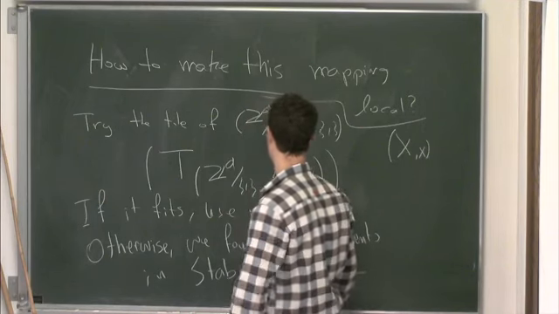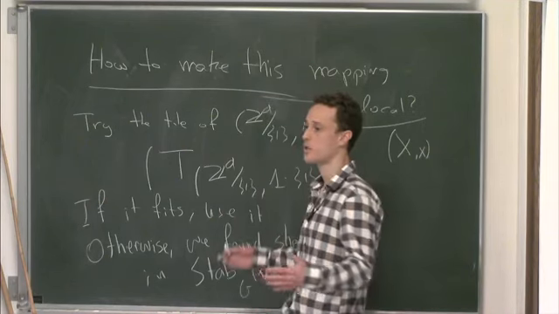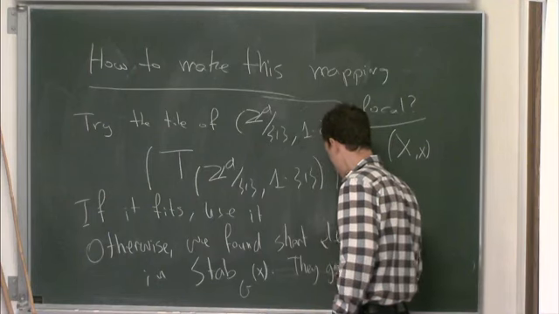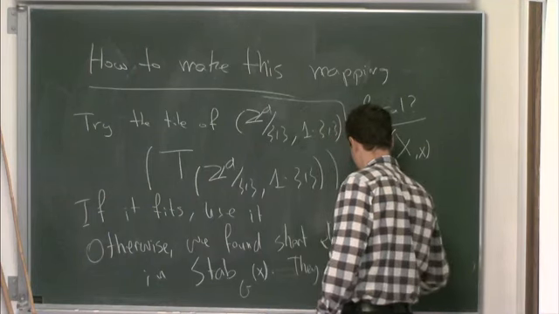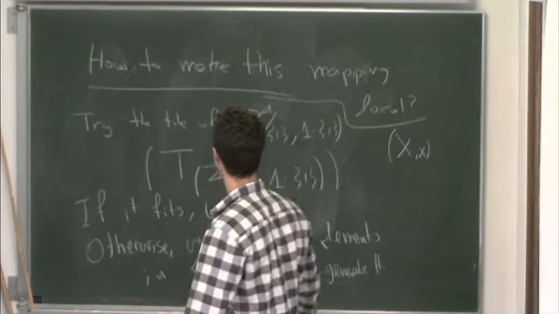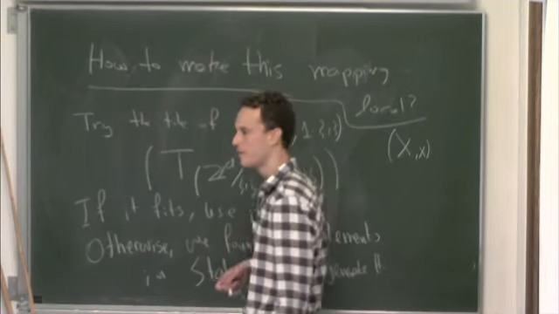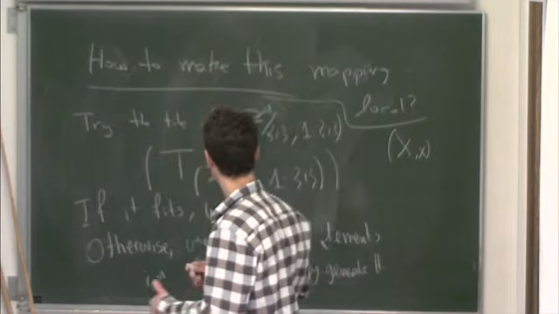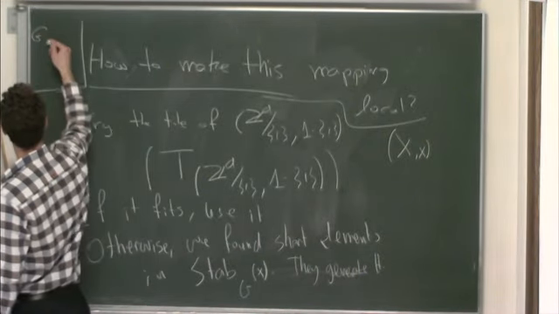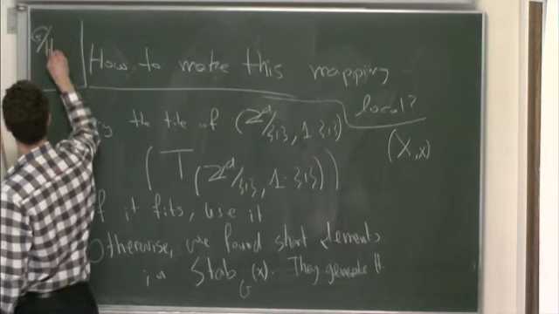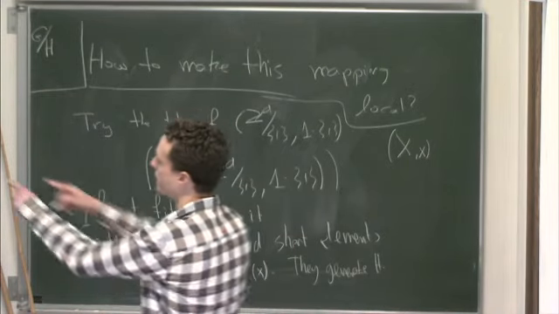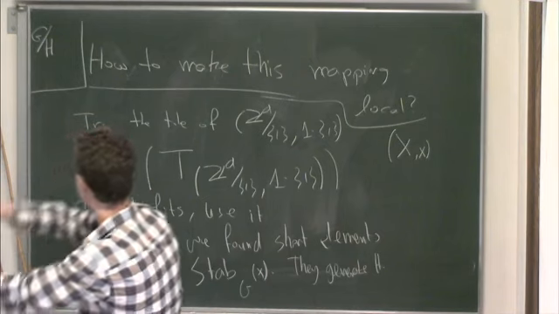And then they generate some subgroup H, and I can try this process again, but now not assuming that X locally looks like the Cayley graph, but assuming that my G set locally looks like G modulo this subgroup generated by those short elements. And then I have a tile for this group as well, and I try it.